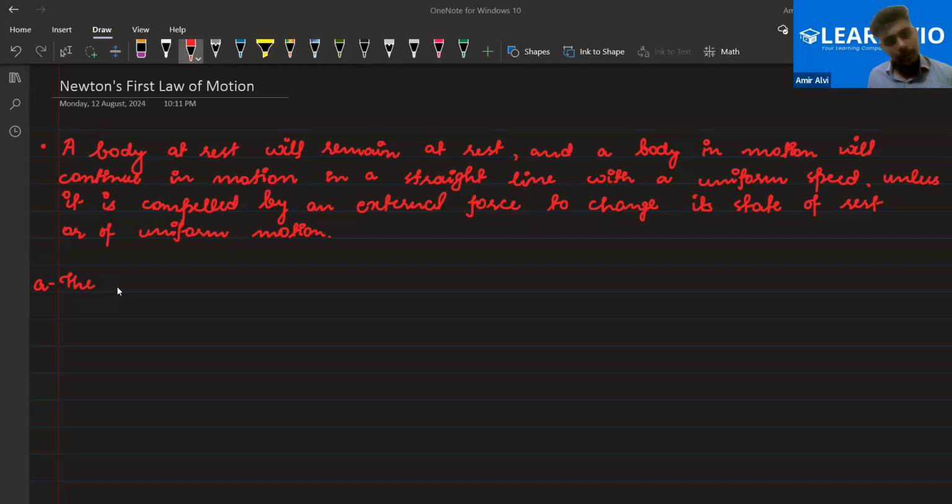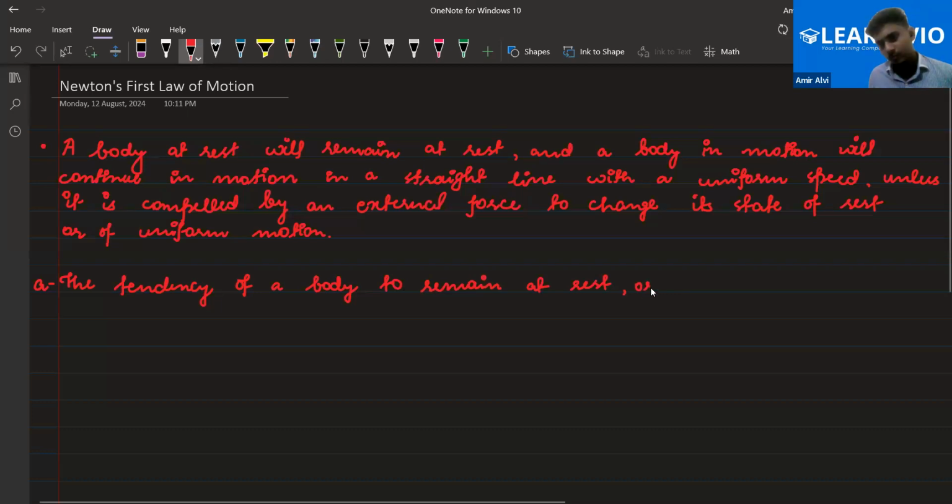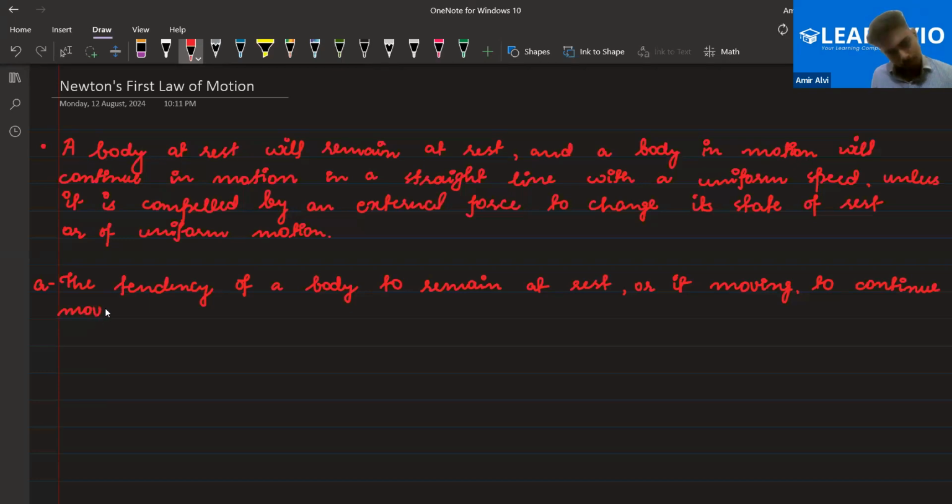So the tendency of a body at rest, or if moving, to continue moving in a straight line.